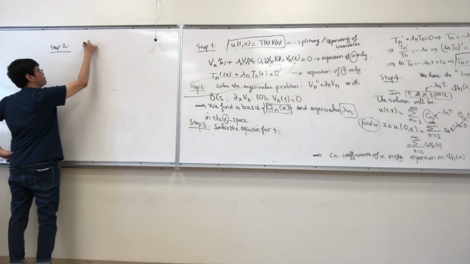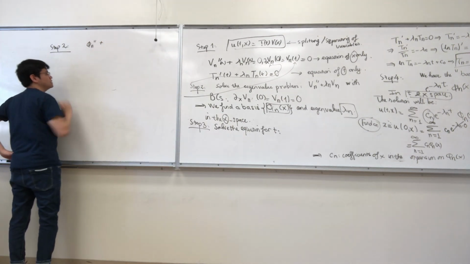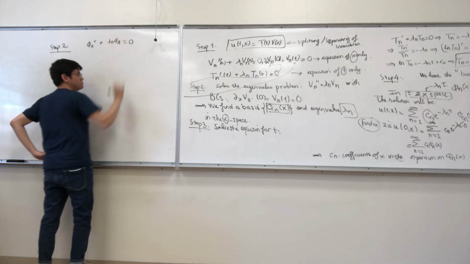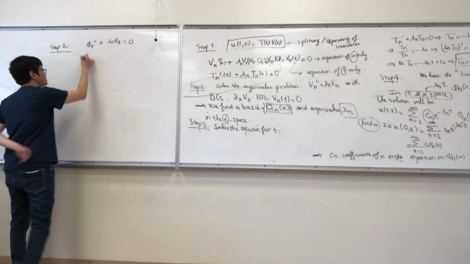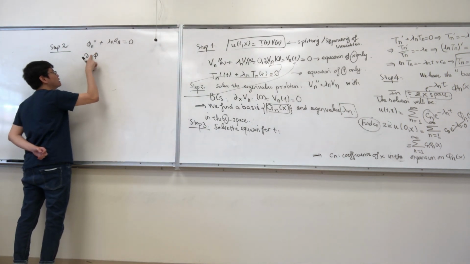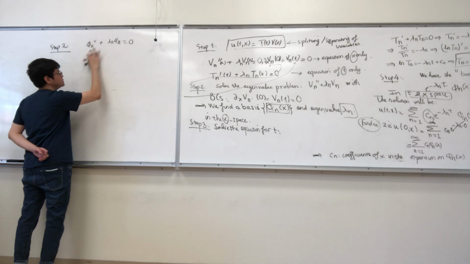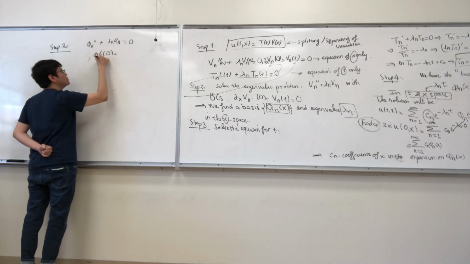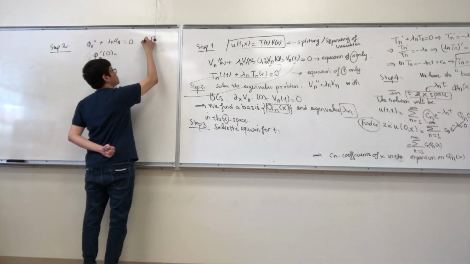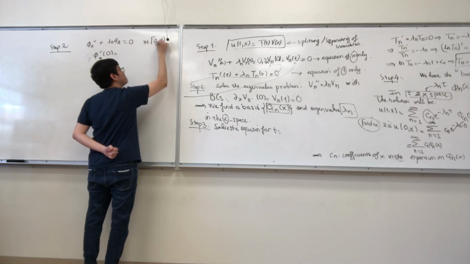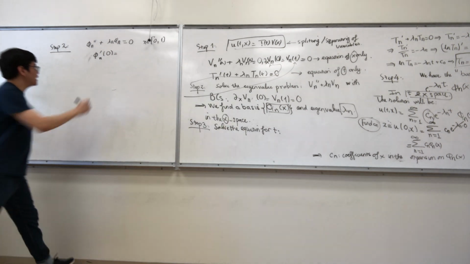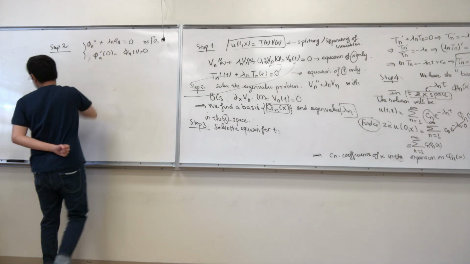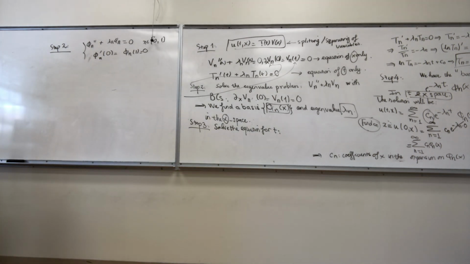You have phi n double prime plus lambda n phi n equal to 0, and phi prime at 0 is 0. This equation is on 0 to 1, and you have phi n at 1 is also 0.